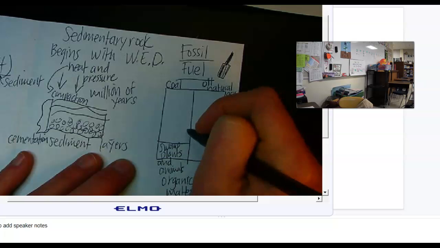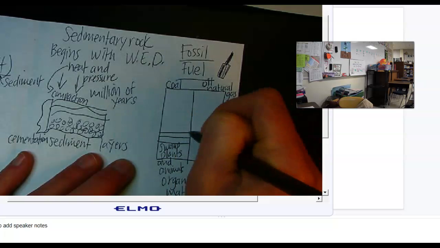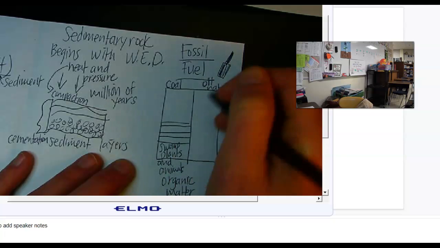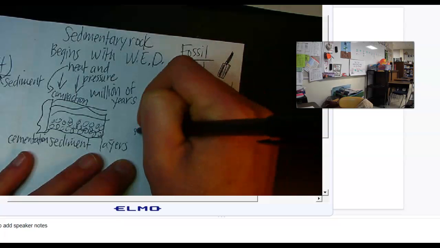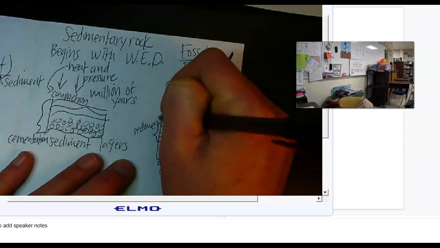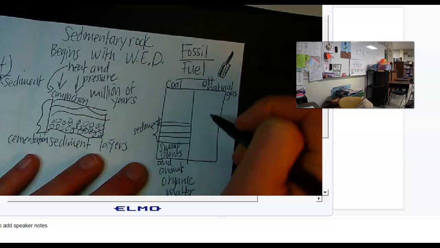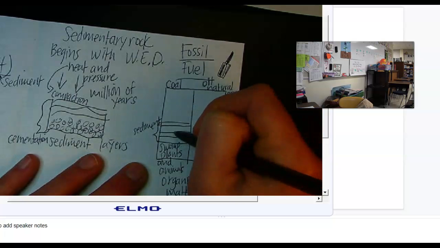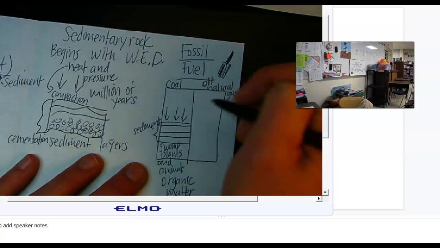And then the layers start, over millions and millions of years. So then you start getting layers and layers and layers of sediments. All these layers right here are sediment. And then after you have the sediment, you get heat and pressure.